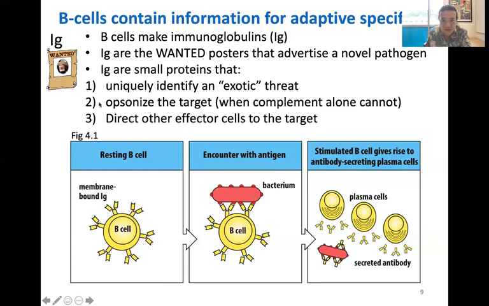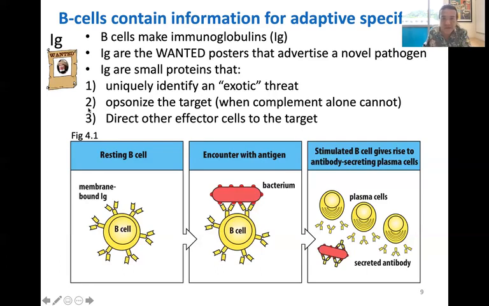So Igs are small proteins that do sort of 3 things. They uniquely identify an exotic threat. We often think of bad clown as being an exotic pathogen, something that doesn't come around every day, but maybe every few months or every few years you encounter something like bad clown.